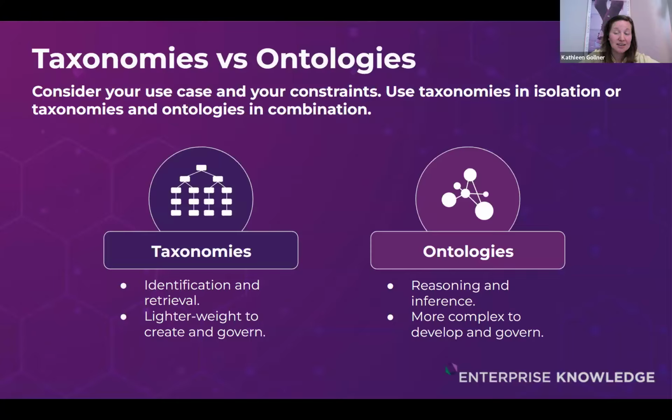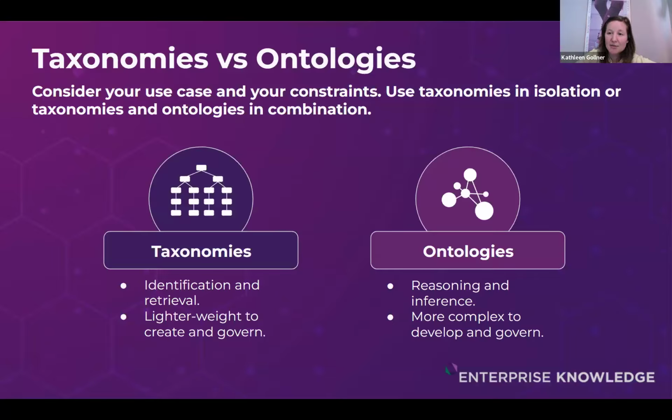You may be using taxonomies in isolation, but if you're doing ontologies, you're probably also doing taxonomies. Most ontologies will have a supporting cast of taxonomies. So even in our example of the product bundles, you're going to have at least 3 supporting taxonomies: your list of products, your list of regions, your list of product bundles.